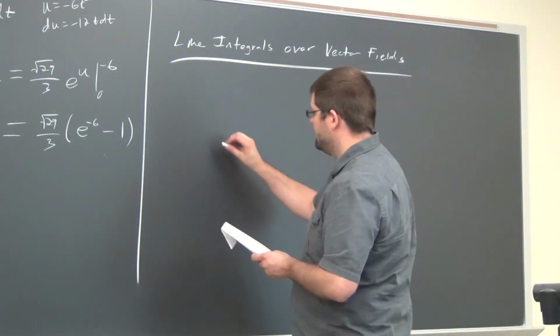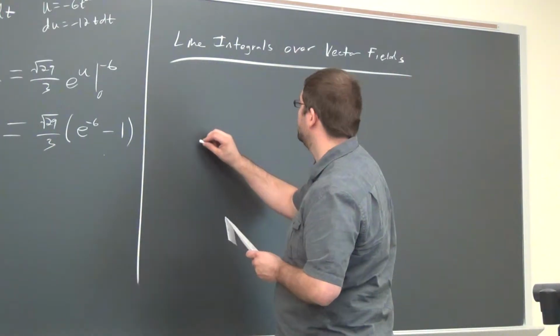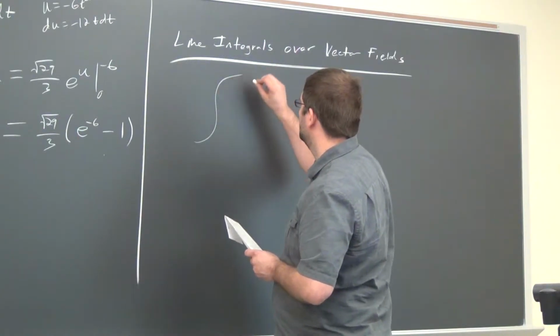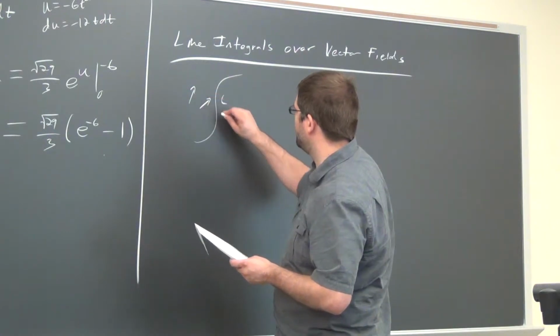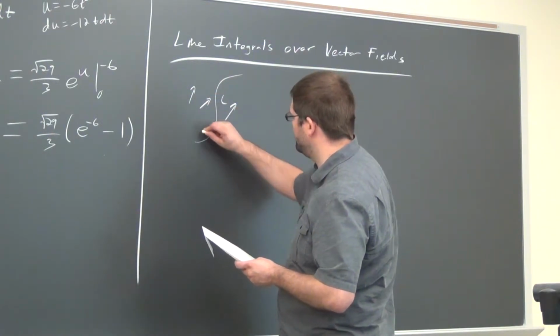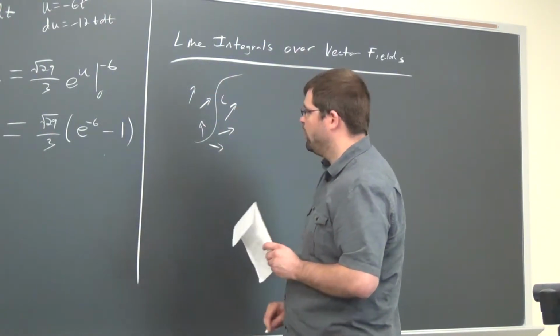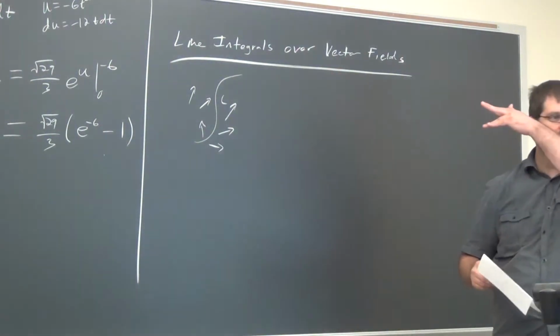So you have some curve here, and I don't want to draw much of a vector field, but we'll just think of some particles moving through some vector field like this, right?